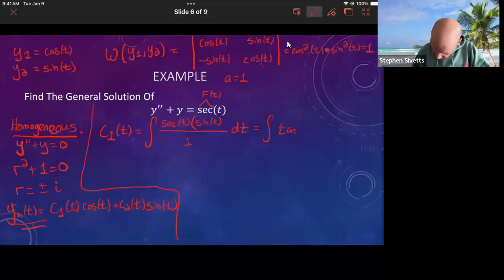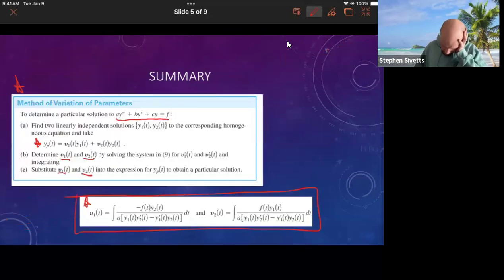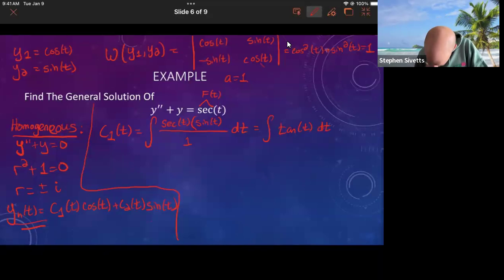Okay, tangent of t dt. Oh, that's a minus. All right, so I forgot the minus. Of course I did. So c1 has the minus. Don't forget the minus sign in front of c1.